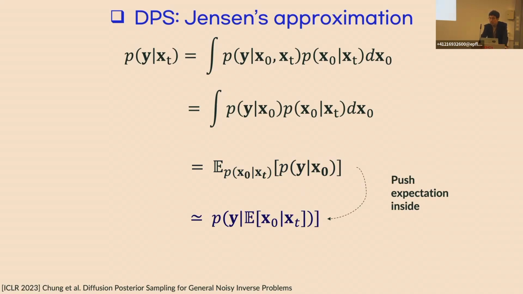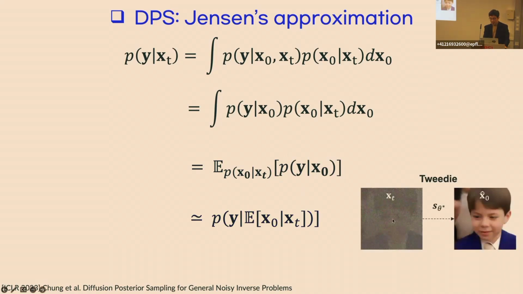This looks very similar to Jensen's approximation. However, this is not Jensen's inequality, because this is neither convex nor concave. But what you're doing is like this. From xt, we calculate the noise using the Tweedie formula and do an intermediate reconstruction, then plug it in here and calculate the likelihood function like this.